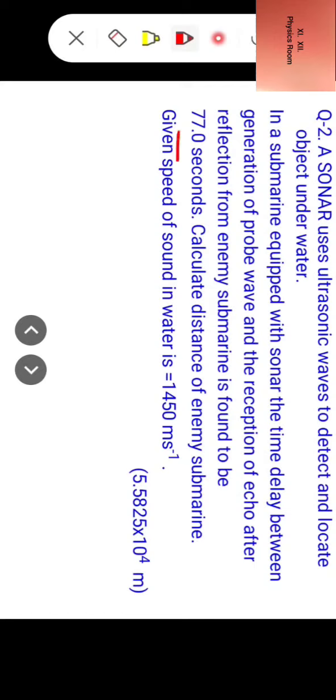Calculate distance of enemy submarine. Given speed of sound in water is 1450 meter per second, and the answer would be 5.5825 into 10 raised to power 4 meters.